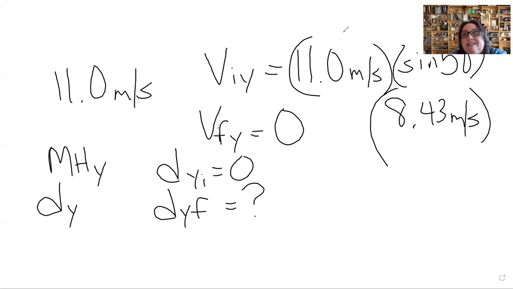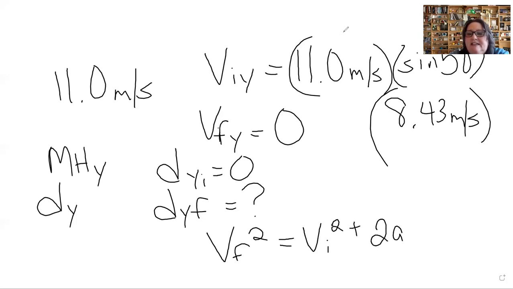And there's no way to solve for it. Time. Exactly. So we are going to use the equation in which we do not have time. So we are going to use VF squared. And remember, this is all Y data. VI squared plus 2A. And then the D we are solving for is the distance on the Y. So I'd like for you to use that equation to work through number 10.